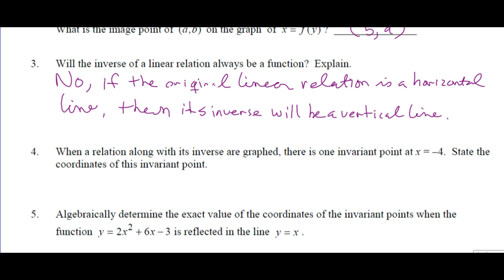Okay, so just say which is not a function.